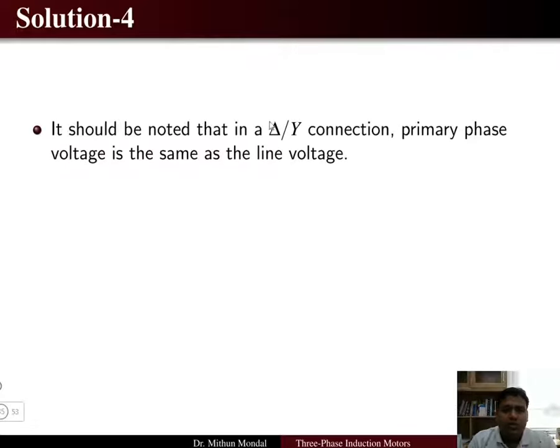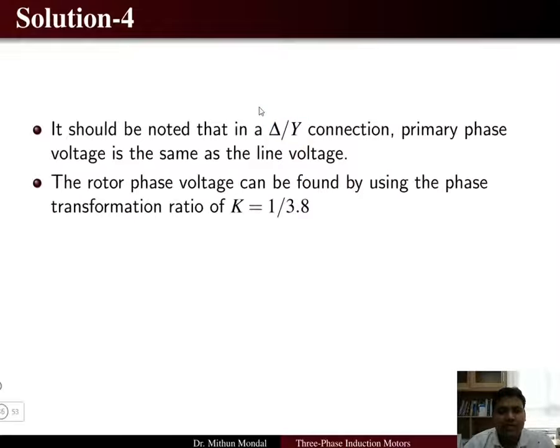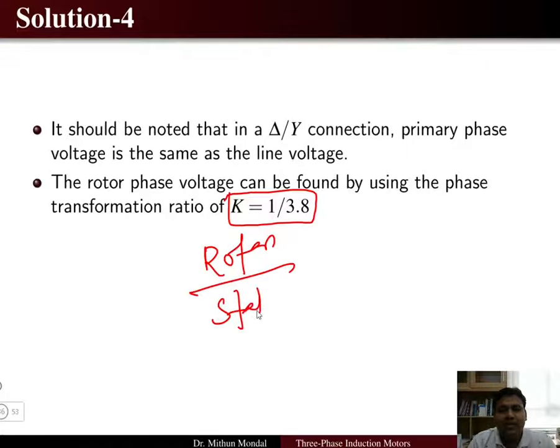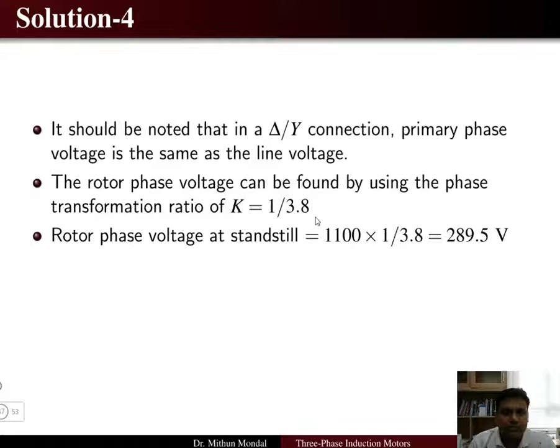So first we know that the connection is basically a delta star connected induction motor. These relationships will be required to find the voltage and the impedance. The transformation ratio has been given as 1 by 3.8 because the stator to rotor is given. So you need to find the rotor to stator per phase transformation ratio K. That gives you 1 by 3.8.